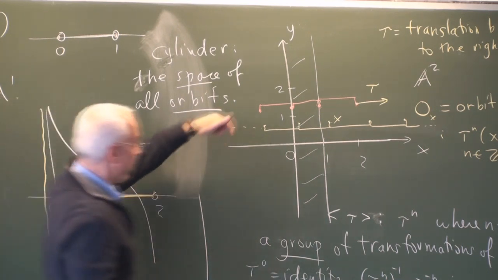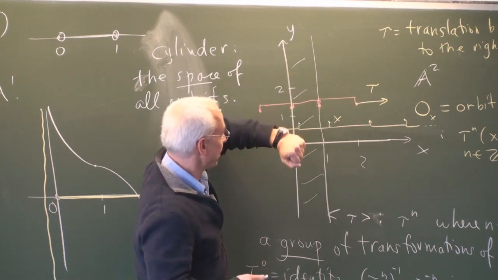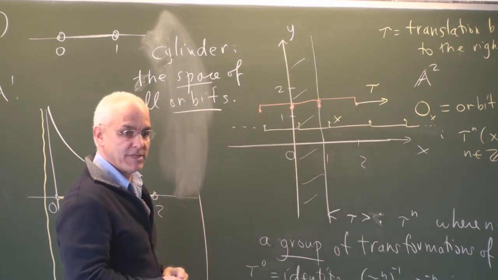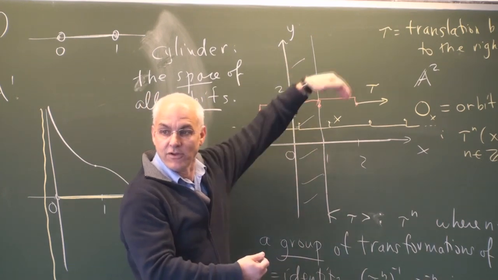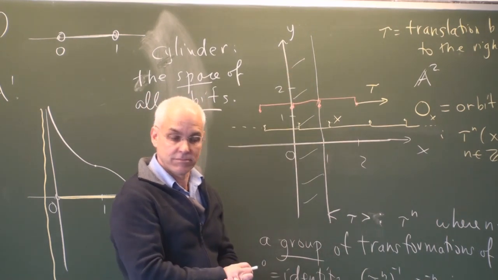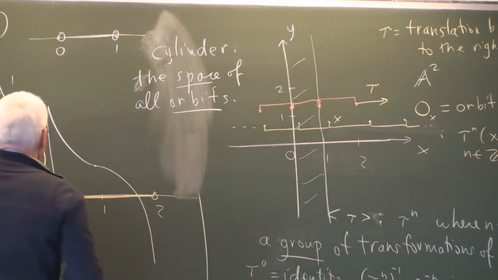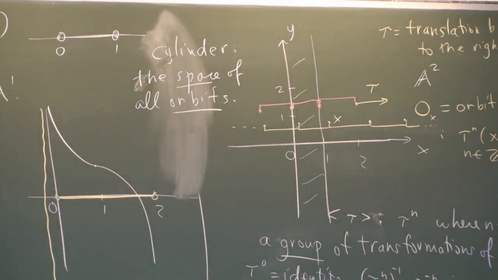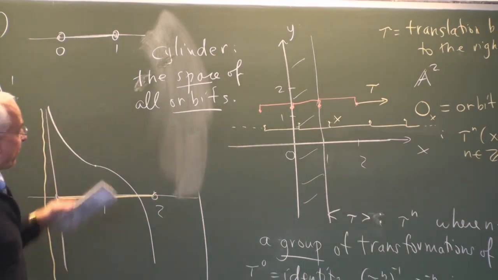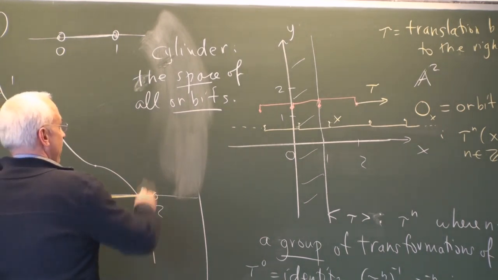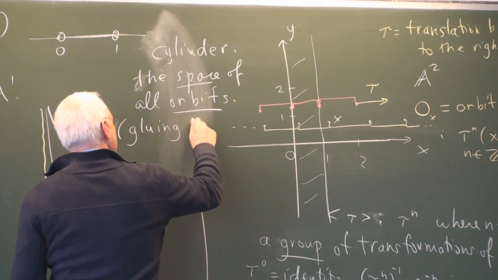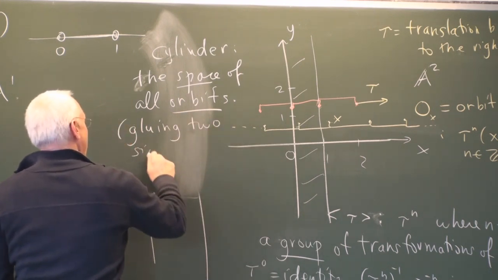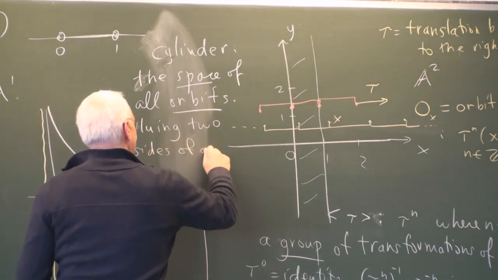And that gluing operation, topologically, gives us a cylinder, because that's how we can get a cylinder: we take a strip of paper and glue one edge to the other edge. So the space of orbits is a cylinder because we're just gluing the two sides of the strip.